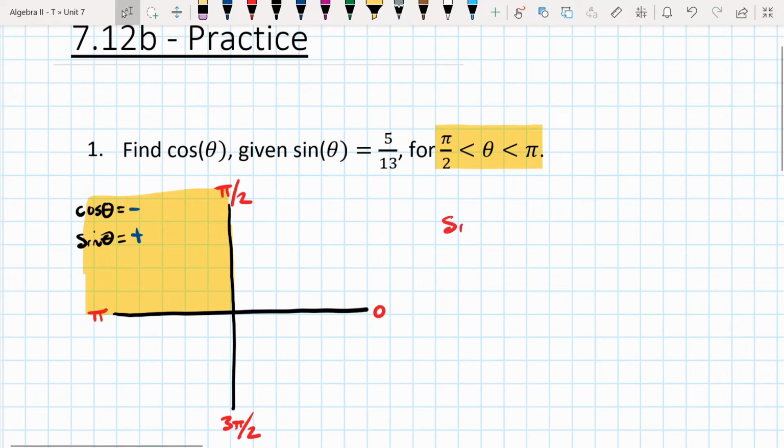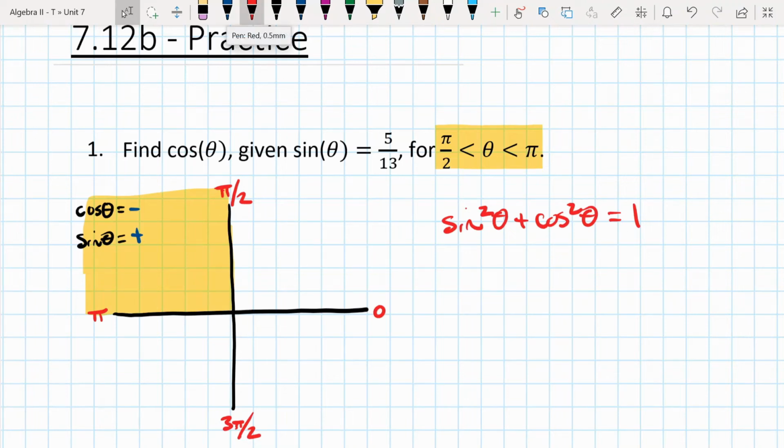So the Pythagorean identity is the tool we're going to use to find cosine, given that sine is 5 over 13. I think our final answer has to be negative because the cosine value over here is negative, because we're in the second quadrant.